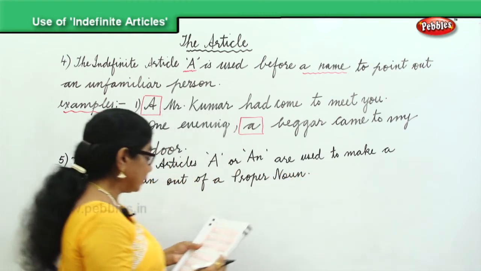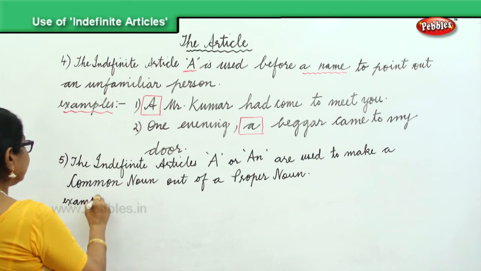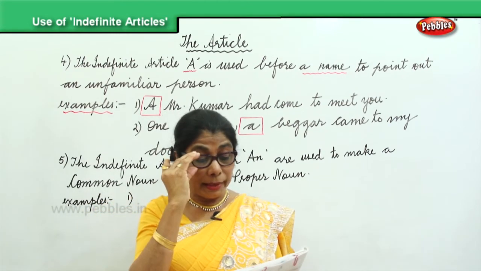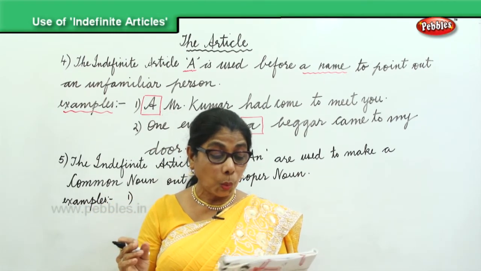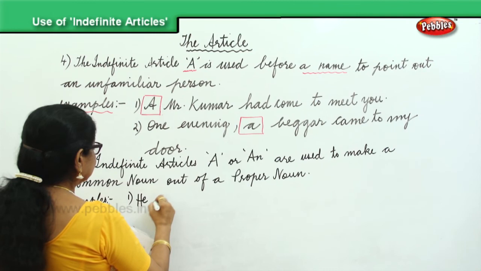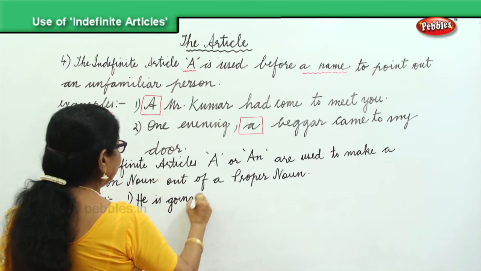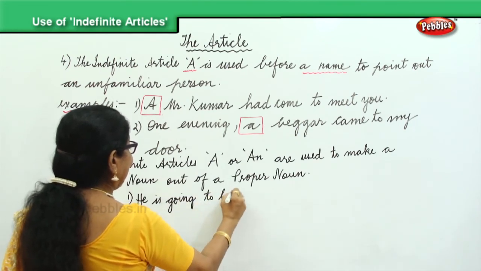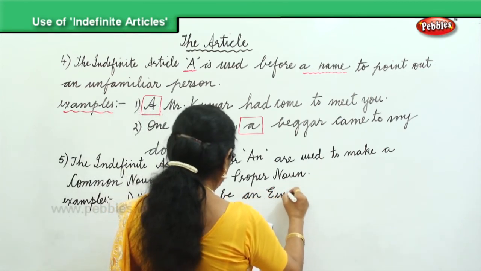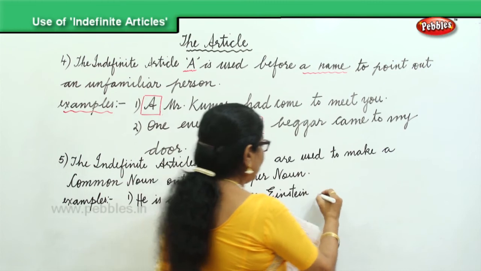Let's see what category this is. Okay, let's look at the example. First kind, he is going to be an Einstein when he grows up.